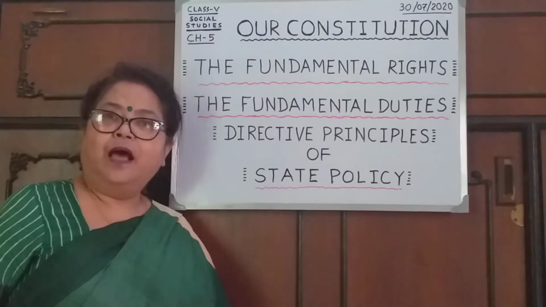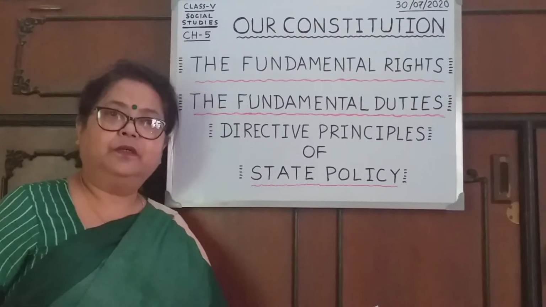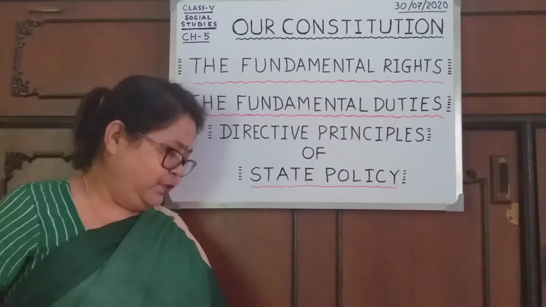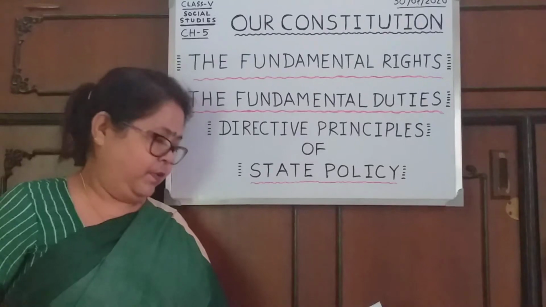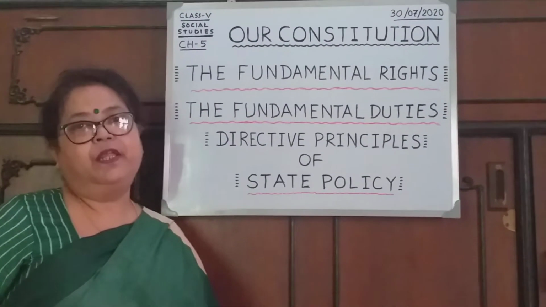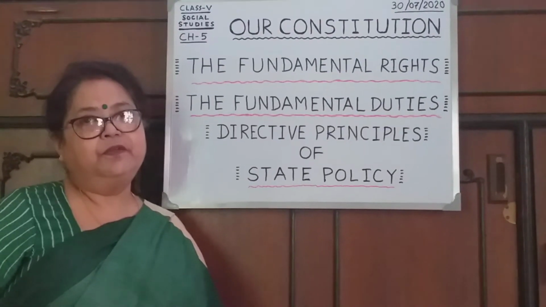Now the last one is right to education. This Education Act, published in 2009, states that all children in the age group of 6 to 14 have a right to free education. So these are the 7 fundamental rights.